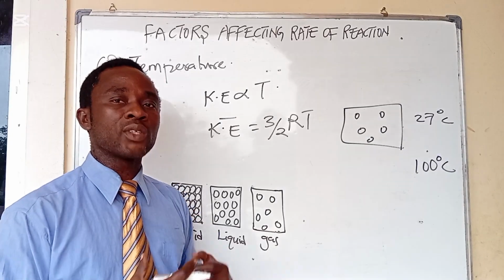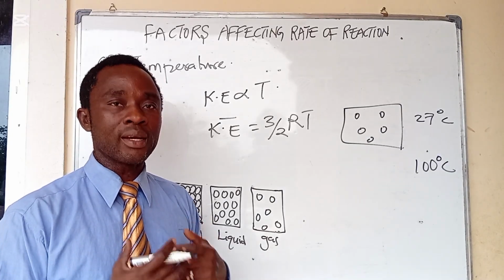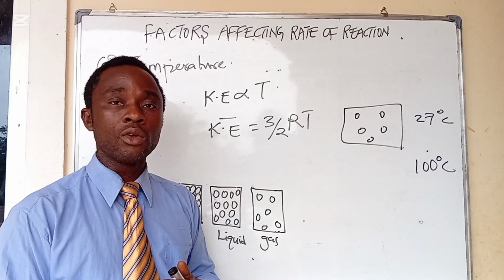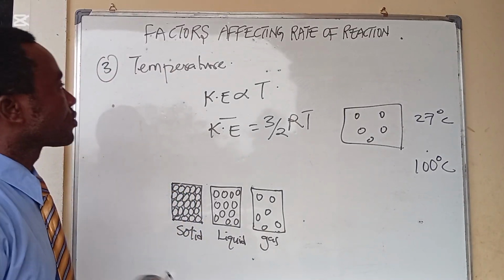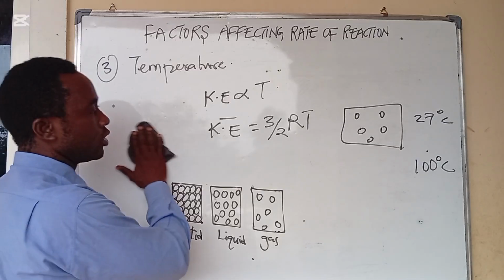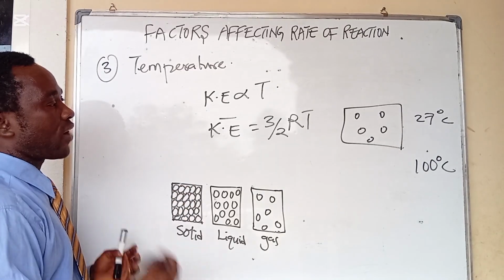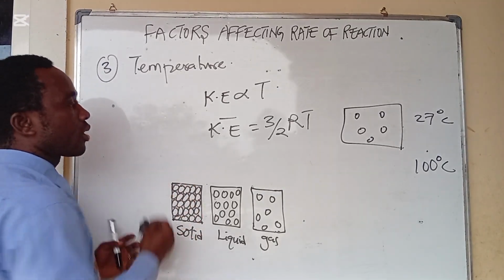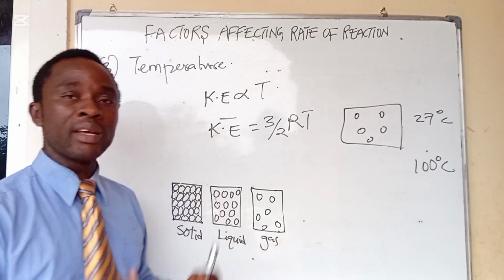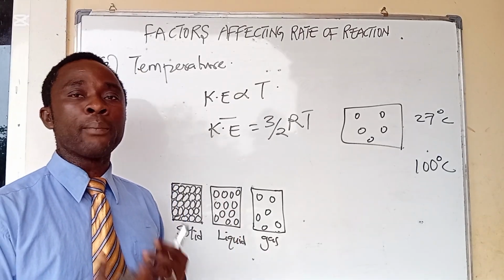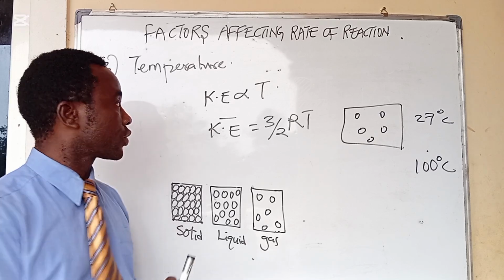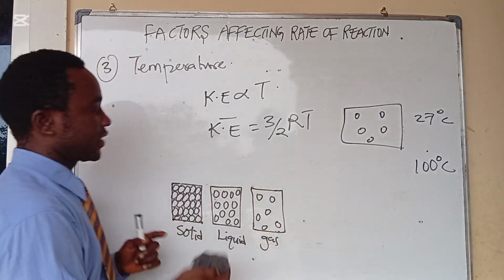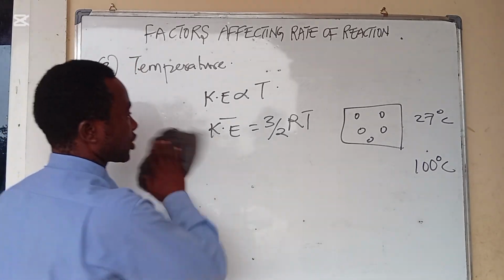Therefore, the frequency of the effective collision will be increased, leading to an increase in the rate of reaction, because the increase in collision will lead to faster rate of reaction. Now, it is estimated that anytime temperature doubles, the rate of reaction also doubles. So temperature affects the rate of reaction.